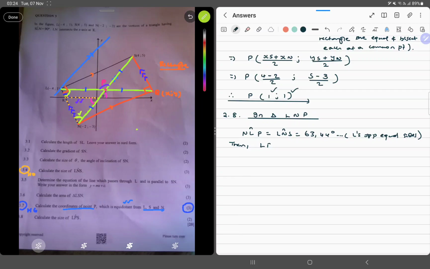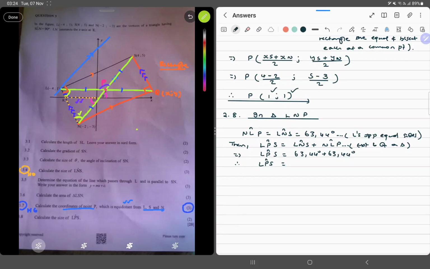Okay, we can say here safely then angle LPS is going to be equal to the angle LNS plus the angle NLP. That is an exterior angle of a triangle. So that is the triangle we're talking about. And then we just simply substitute. This implies that LPS is going to be equal to 63,44 degrees plus 63,44 degrees, which we can make our conclusion.